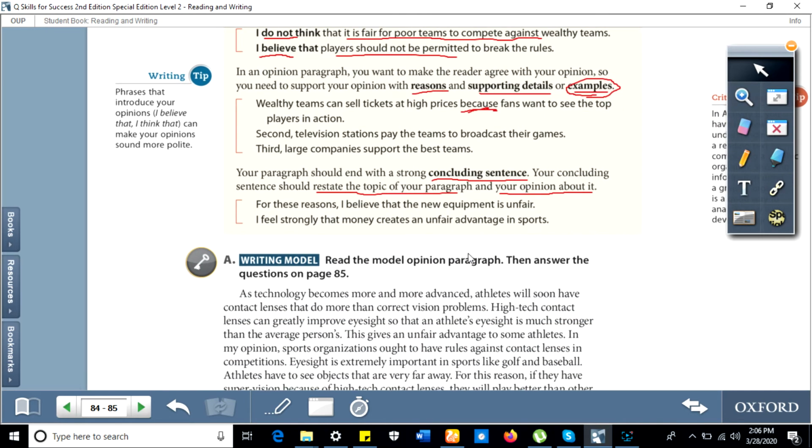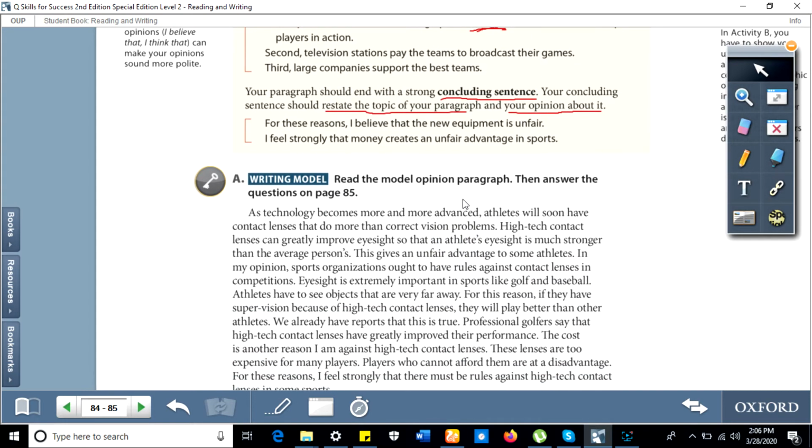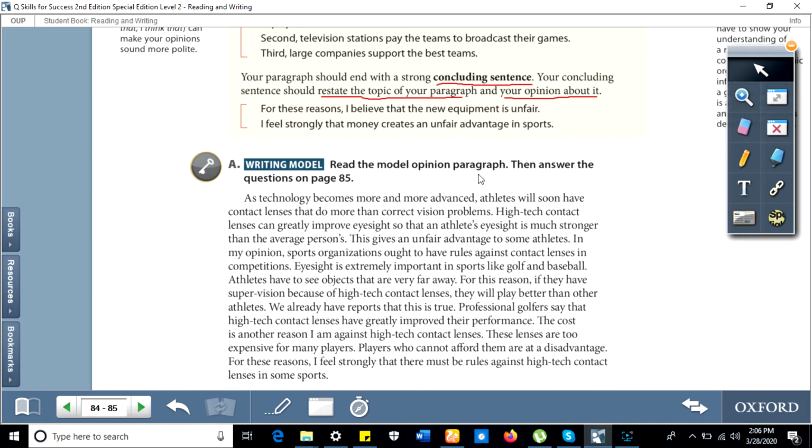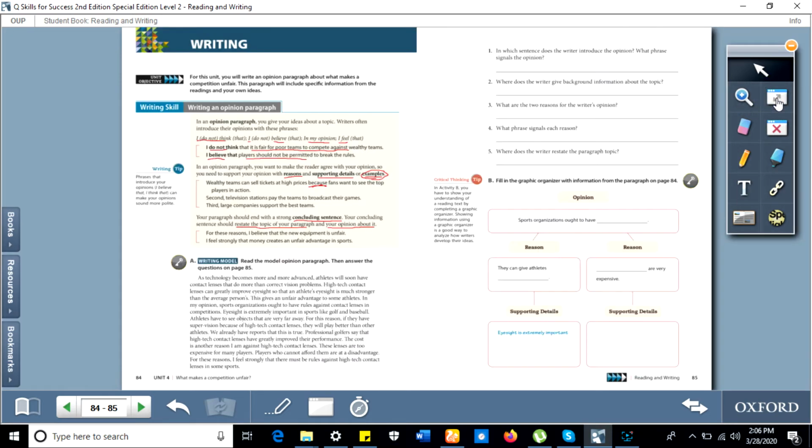Now here is one. Read the model opinion paragraph, then answer the questions on page 85. So what you need to do is to read this paragraph and then answer these questions, right? And you have to read it very carefully, right?